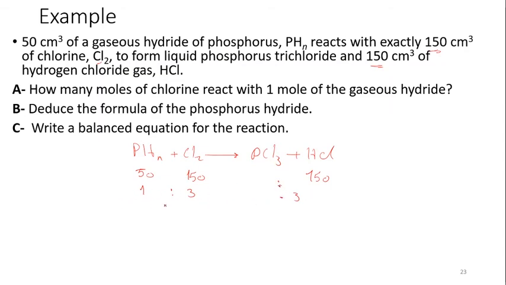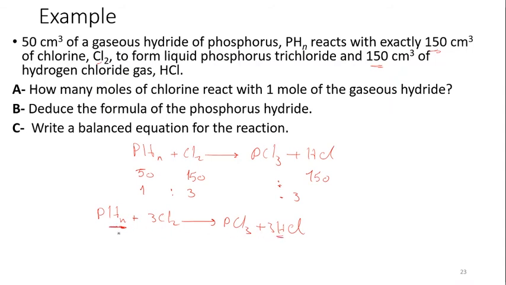Now let's try to write down the chemical equation. So PHn plus 3Cl2 to give me PCl3 plus 3HCl. If I try to balance this chemical equation, I will find out that I need 3 hydrogens in this part.